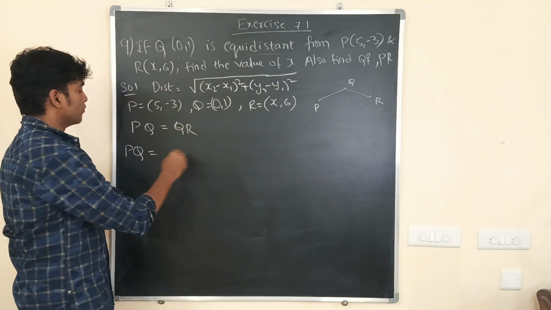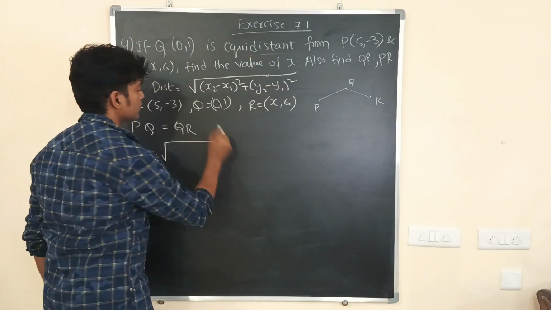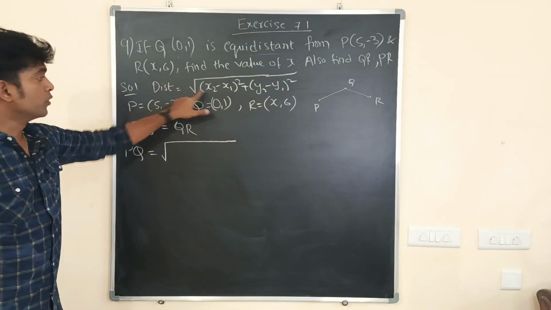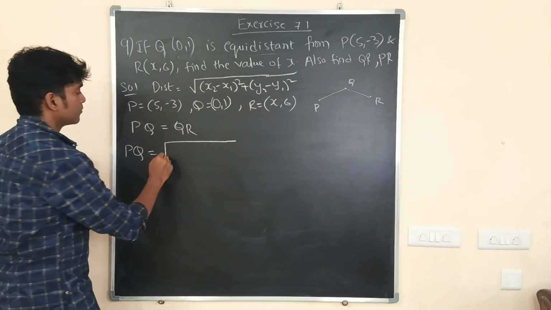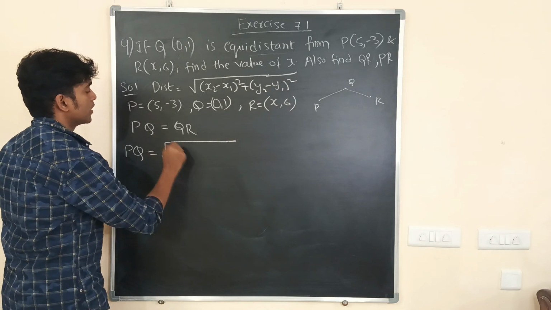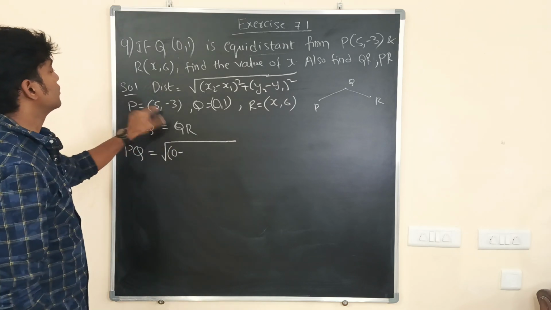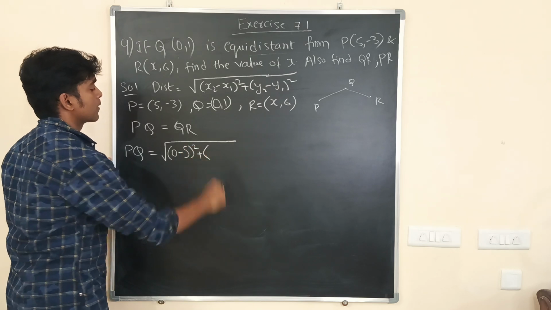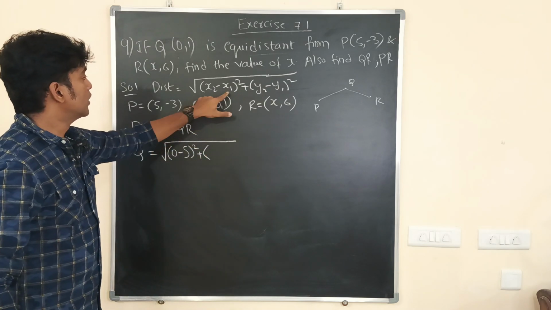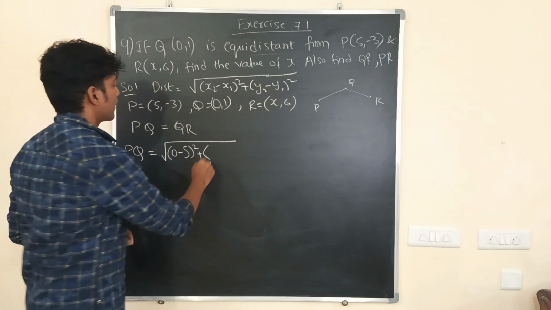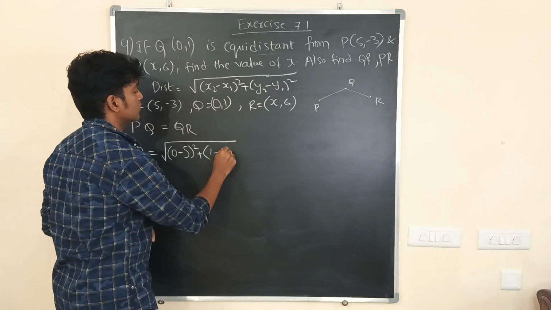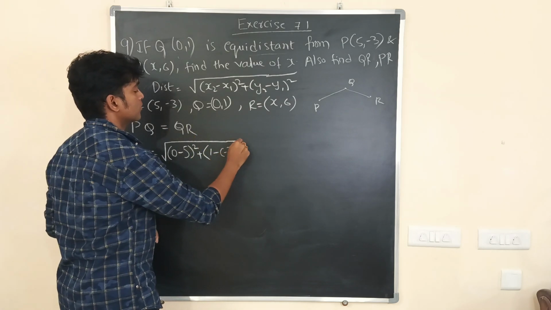Square root of, in PQ, x2 is 0 minus x1 is 5 whole square plus y2 is 1 minus y1 is minus 3 whole square.